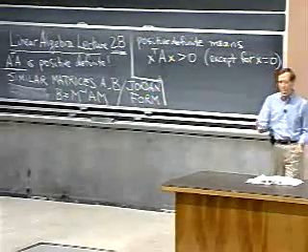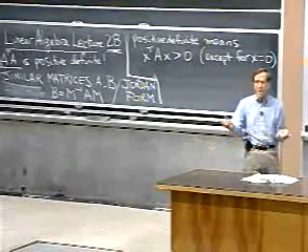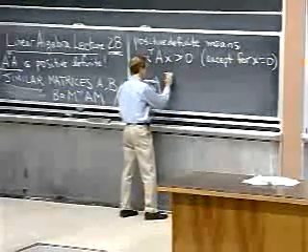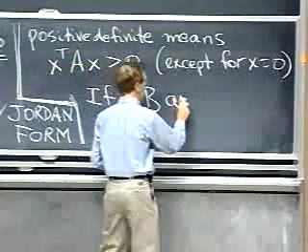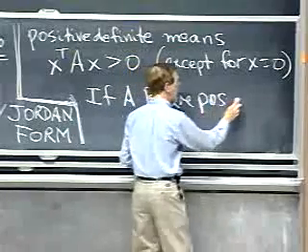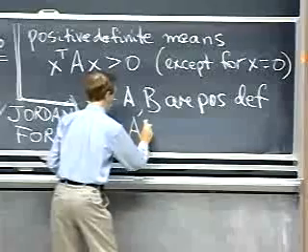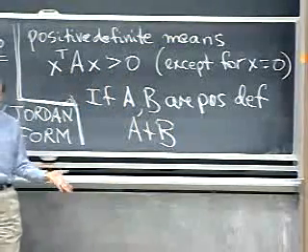What if I know that a matrix A and a matrix B are both positive definite? Suppose A and B are positive definite, what about A plus B? In some way, you hope that that would be true.